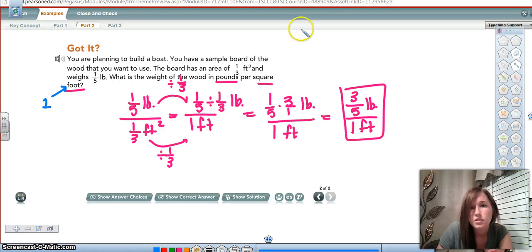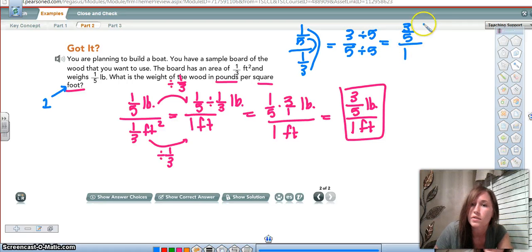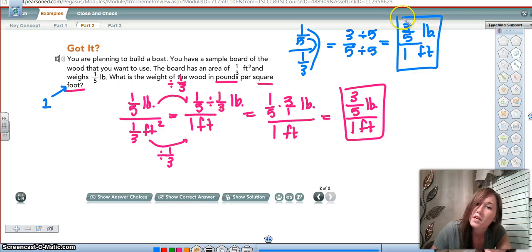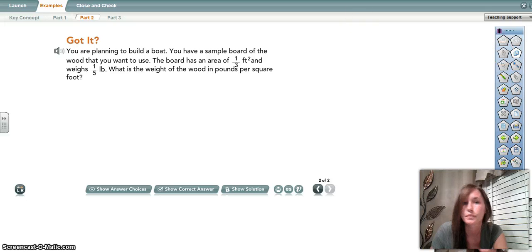Again, if you want to do the rainbow trick, you would start with your beginning rate. 1 times 3, 5 times 1, get that unit rate. 3 divided by 5 can just be written as 3/5. You can't actually divide it real well. Pounds per foot. So whatever method you like, whatever makes more sense to you.